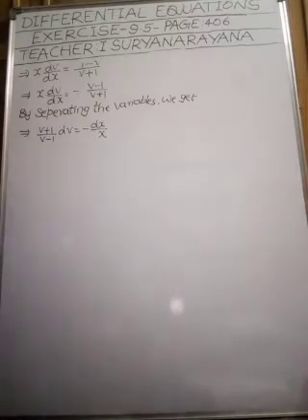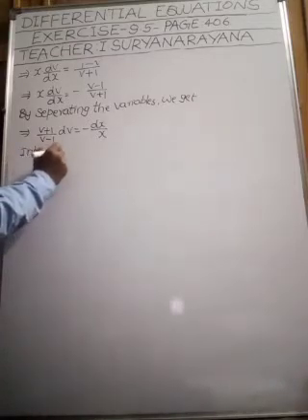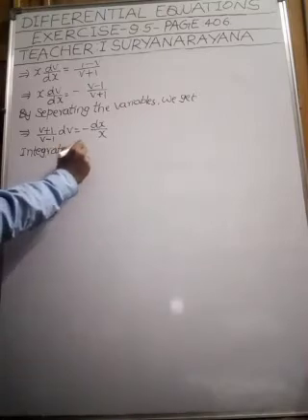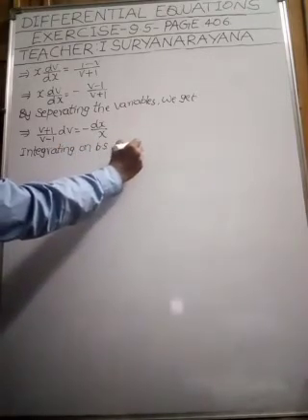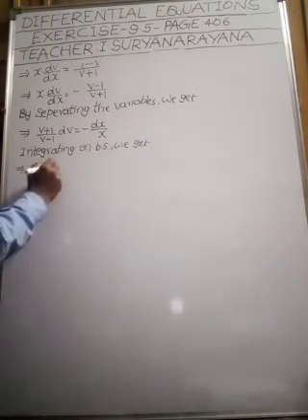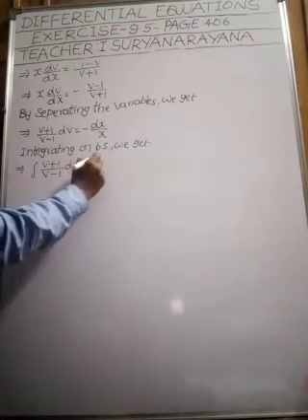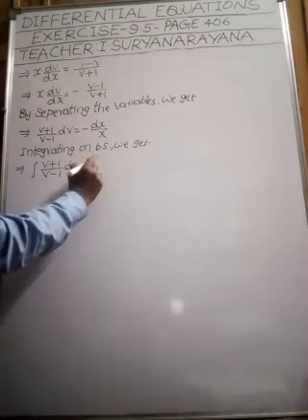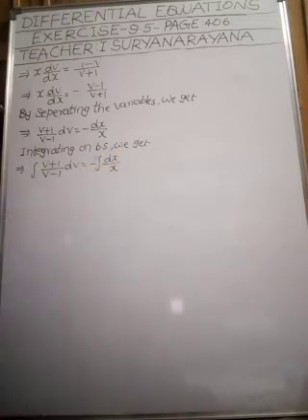Now integrating on both sides. Then we get integral v plus 1 by v minus 1 dv is equal to minus integral dx by x. Understood this step, my children? Right.